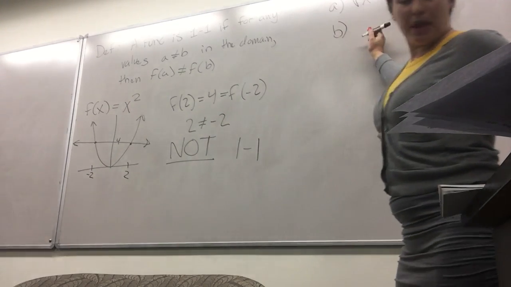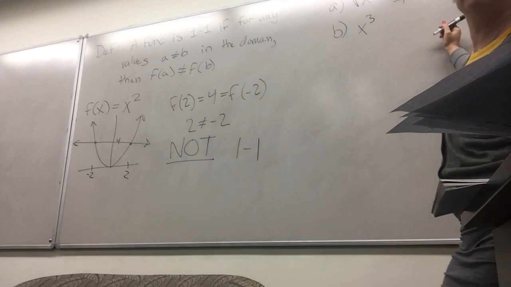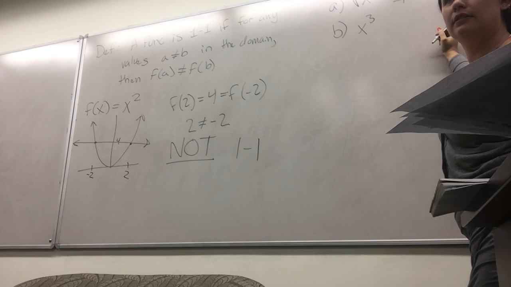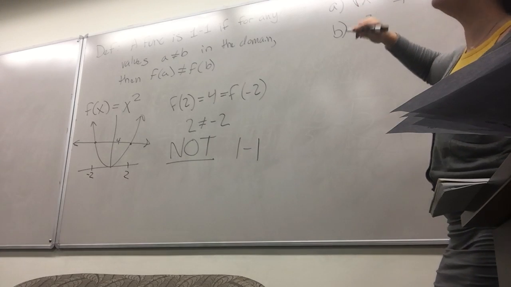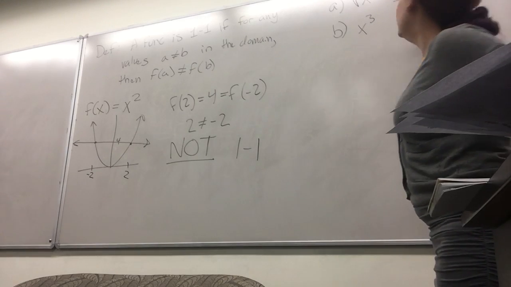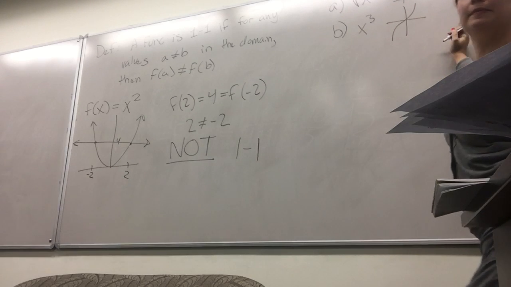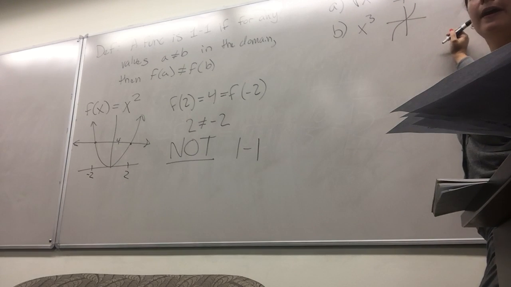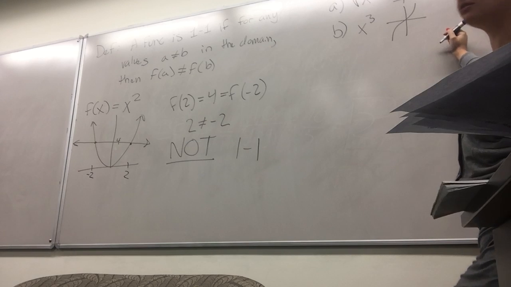Okay, what about x cubed? What does that look like? Well, technically you want to think about it from left to right, but yes. Okay. So does this pass the horizontal line test? Yes.